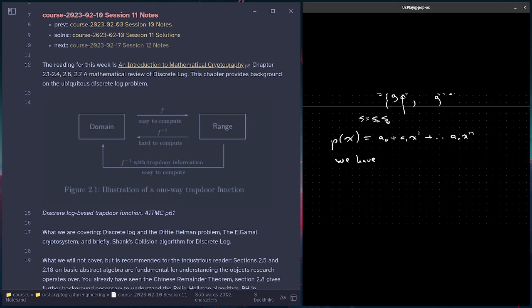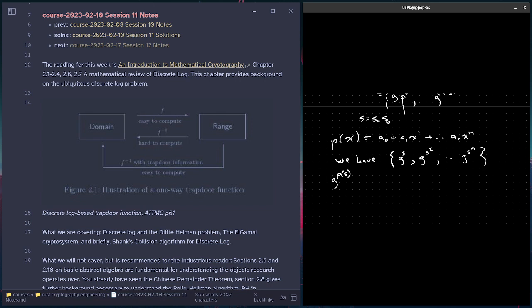everyone has the secret g to the s, where no one knows s, g to the s squared up to g to the s to the n. So we can compute g to the p of s.